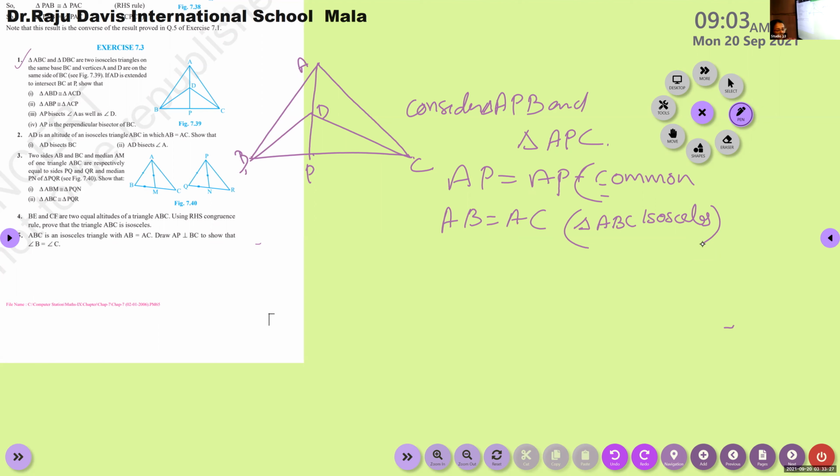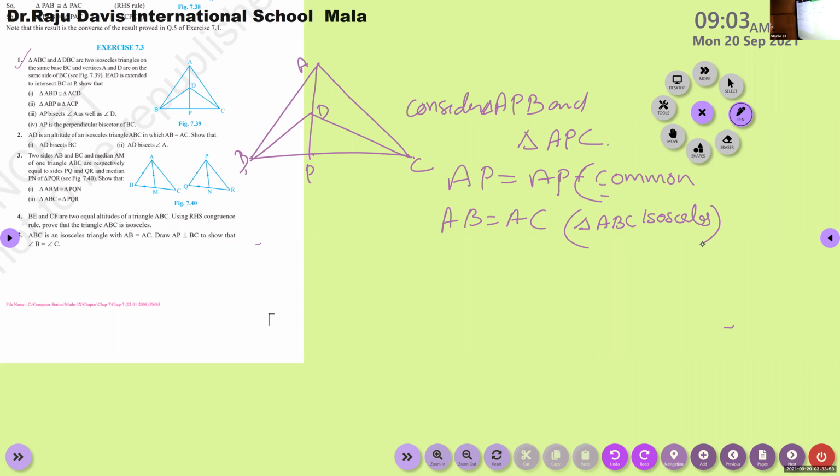How can we say BP equal to CP? And DB is equal to DC. DB and DC are not there in our two triangles APB and APC. The sides are AP, PB and AB, and AP, PC, CA. These are the same. DB and DC are not there in our triangles. It is inside it.